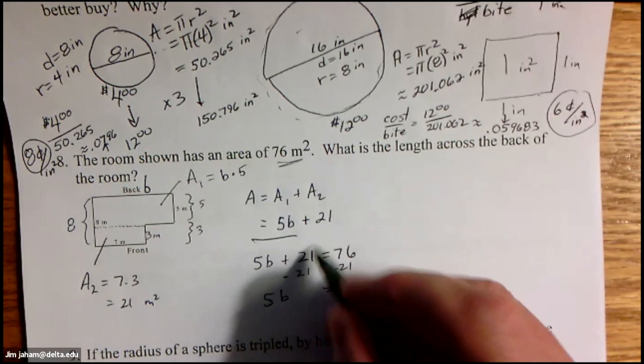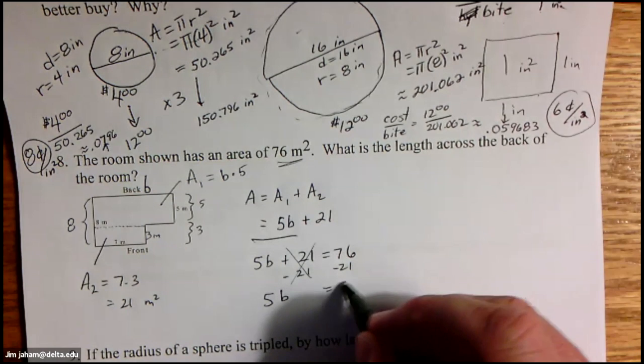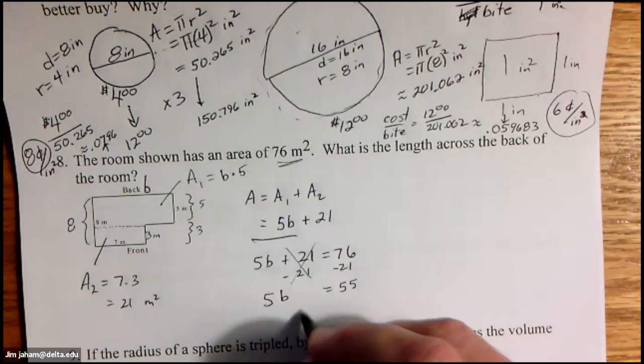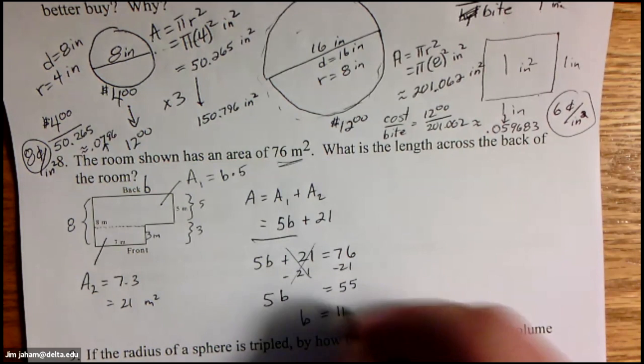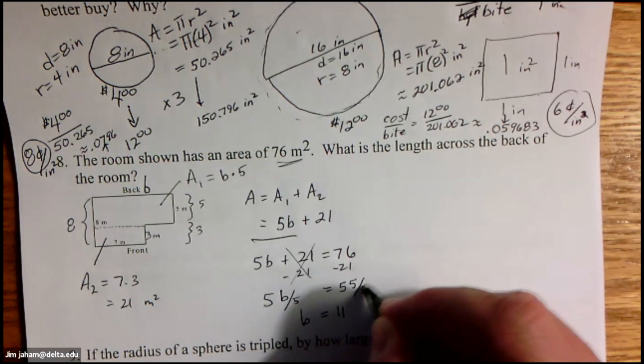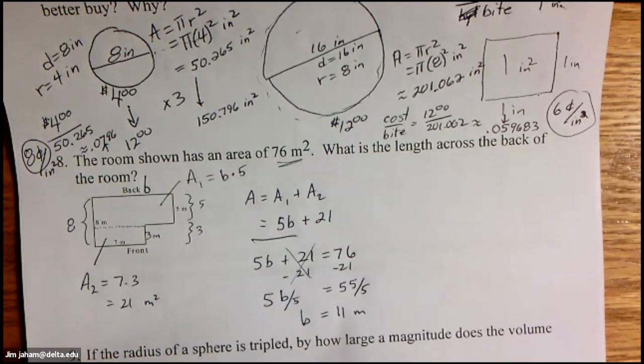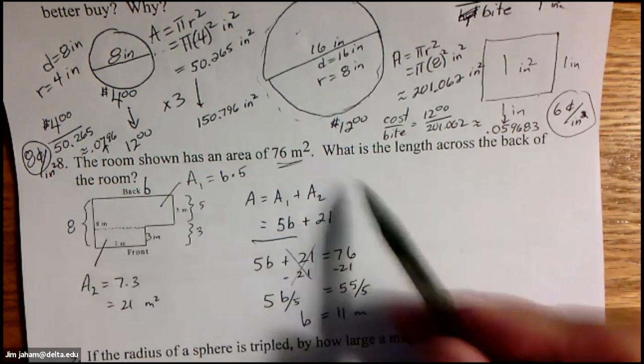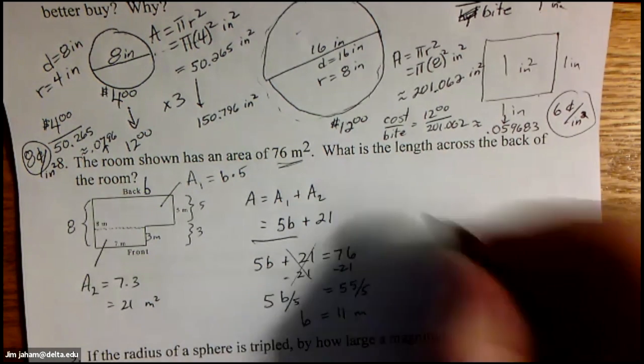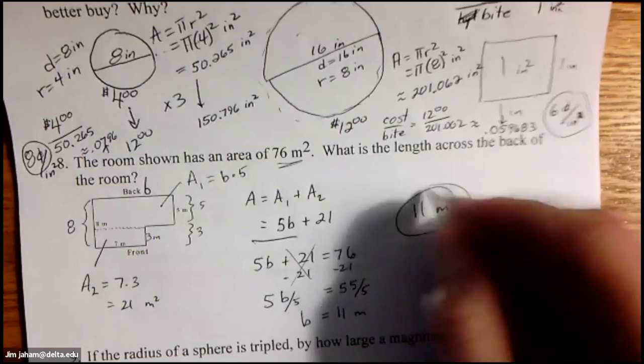Subtract 21 from both sides, 55. Divide by 5. And so B equals 11. And the unit is meters. So it says, what is the length across the back of the room? We said, well, we're going to let that be B. And then we solved this equation and found B. So the answer, 11 meters across the back.